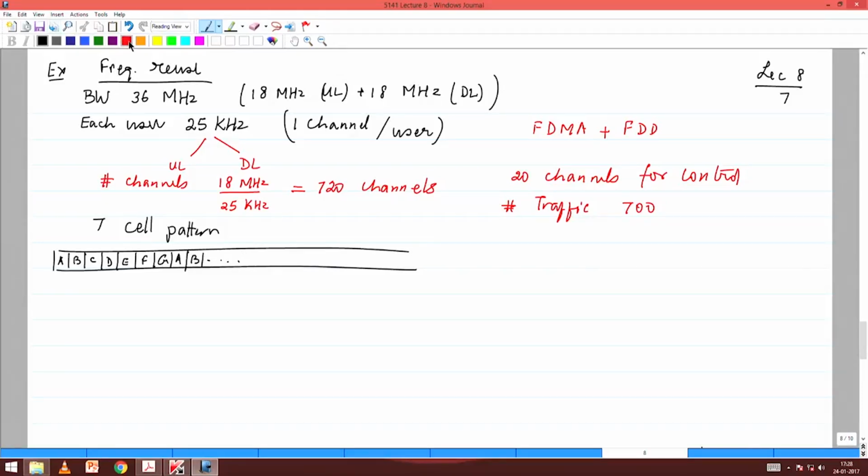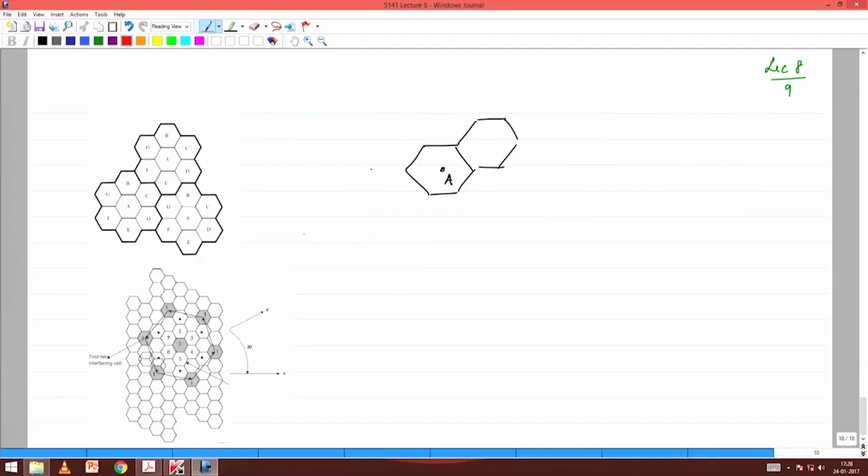So the frequencies that are assigned to cell A are this one, and then once we go past this repetition, again there will be another A that will also be assigned to cell A. So all of these together are given to the cell marked as A. Similarly to B, to C. Any cell that is marked as A has the same set of frequencies.